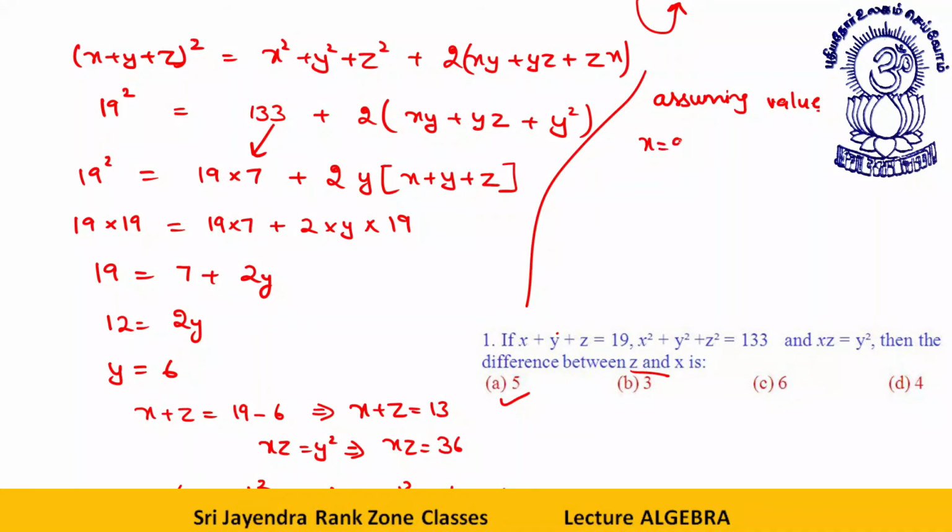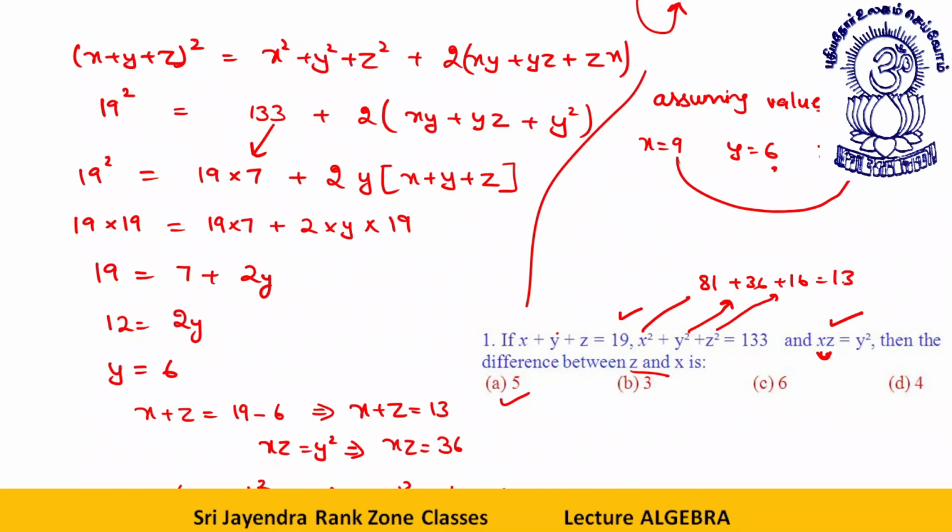If I assume x is equal to 9, sorry, y is equal to 6, z is equal to 4, then all the conditions are satisfied. 4 plus 6 plus 9, 19. x into z, 9 into 4, 36 is equal to 6 square. This is also satisfied. What is x square? 81. What is y square? 36. What is z square? 16. 52 plus 81, 133.